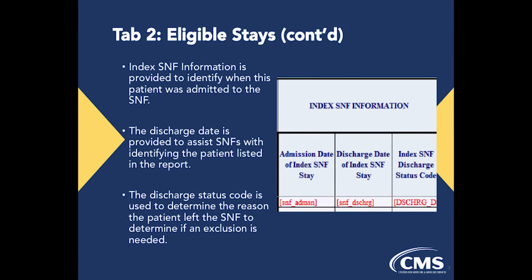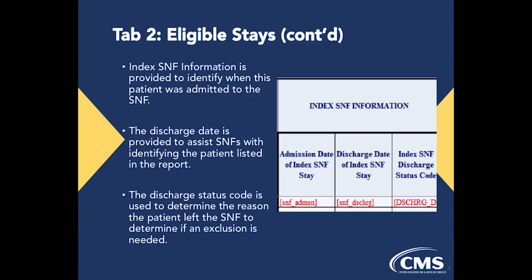The next group of information is the index SNF information, columns F through H. This information is provided to SNFs to identify when this patient was admitted to the SNF. The discharge date is not used to calculate the SNF-RM, but is provided to assist SNFs with identifying the patient listed in the report.